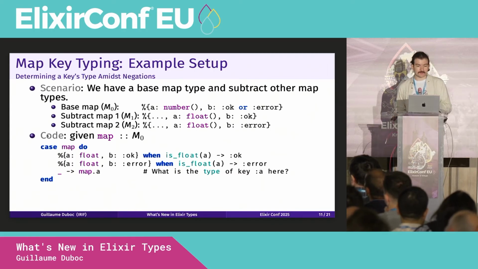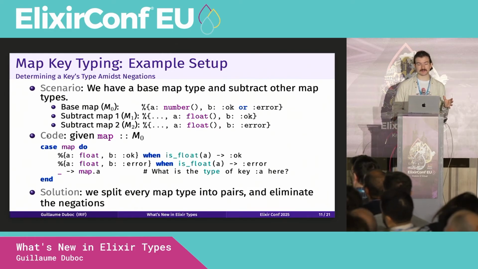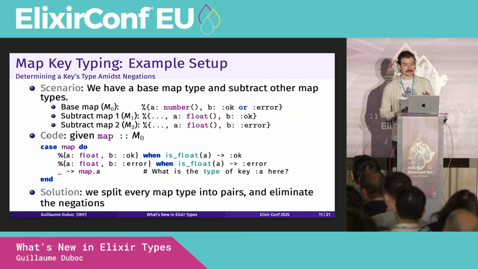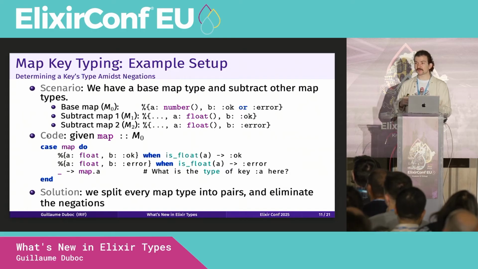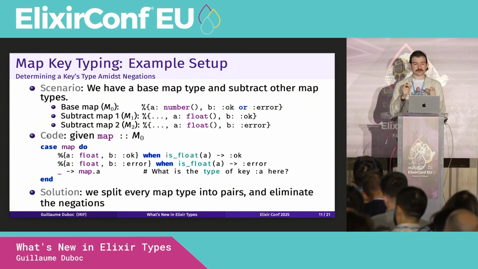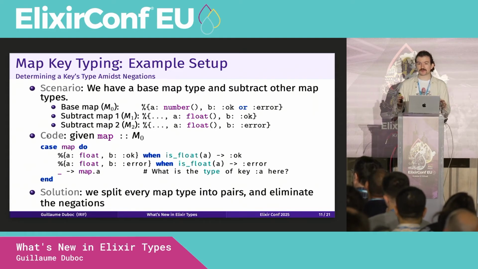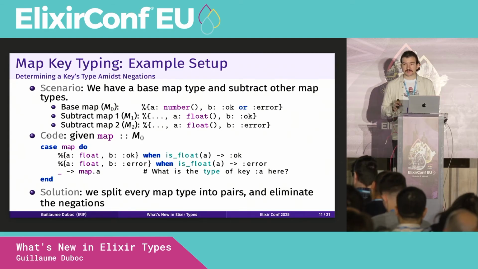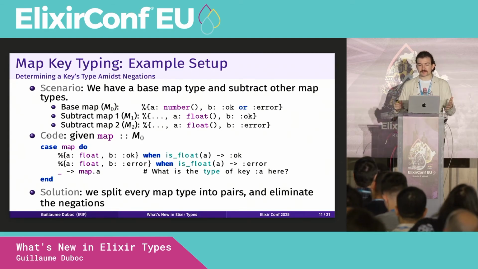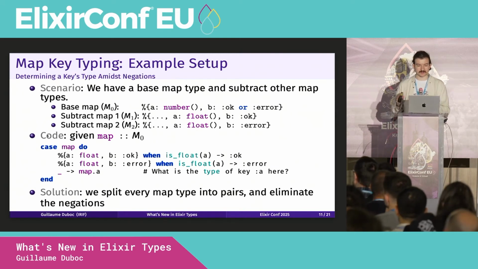So this is a nice trick that we do in the system: in order to recover this type, we're going to take those three types, M0, M1, and M2, but in general, you could have many other fields. This could be a huge map, and you could have an arbitrary amount of subtracted maps.